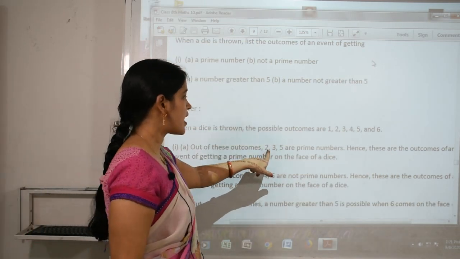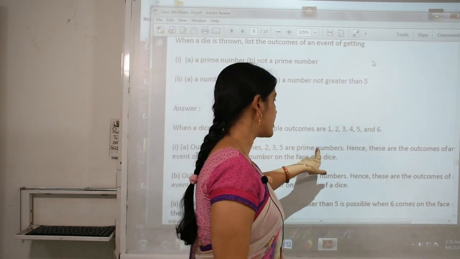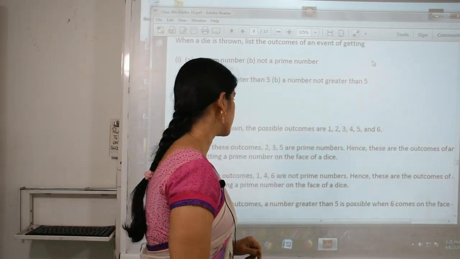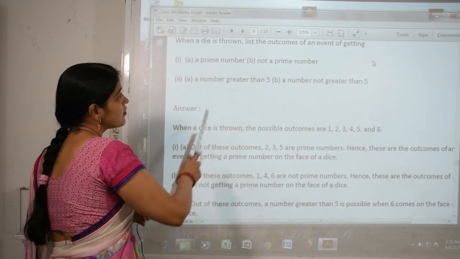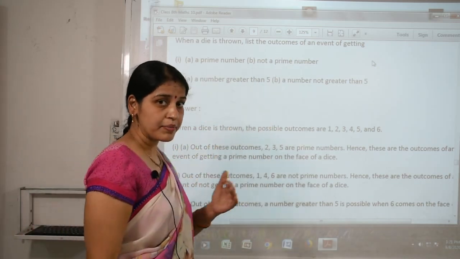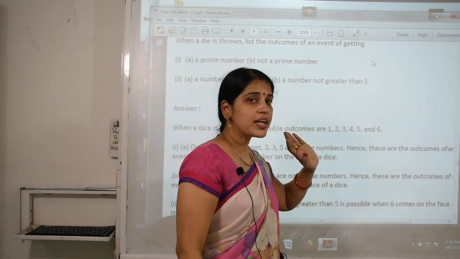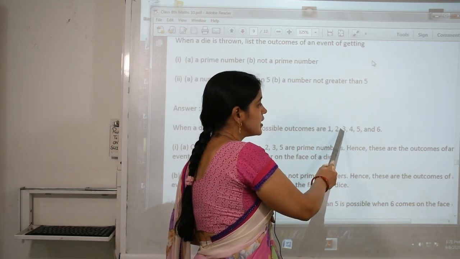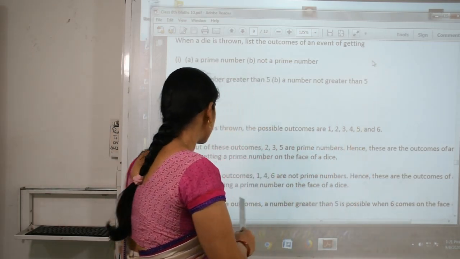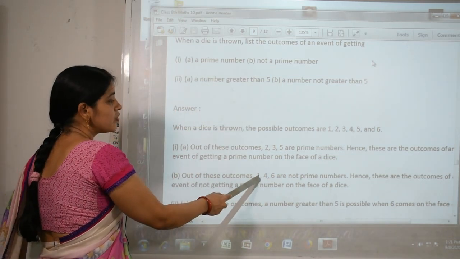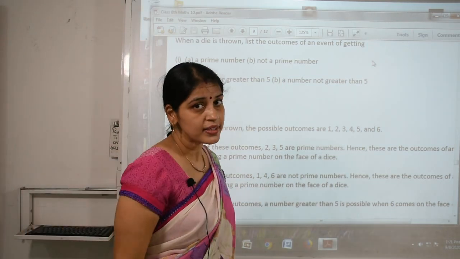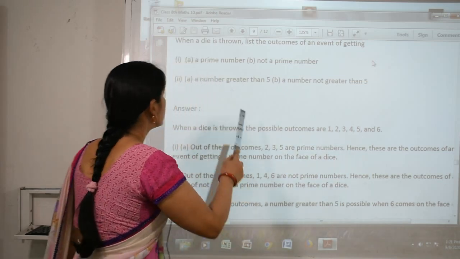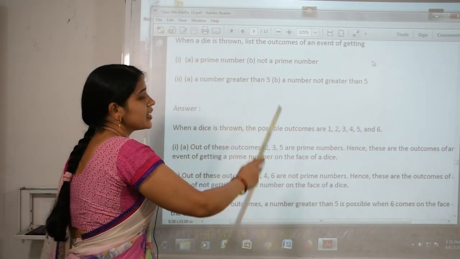So out of these outcomes 2, 3 and 5 are prime numbers. Then second one, not a prime number नहीं होंगे, so remaining ones are the not prime numbers, that means 1, then 4 and 6. So we write here 1, 4 and 6 are not prime numbers. Then third, a number greater than 5.